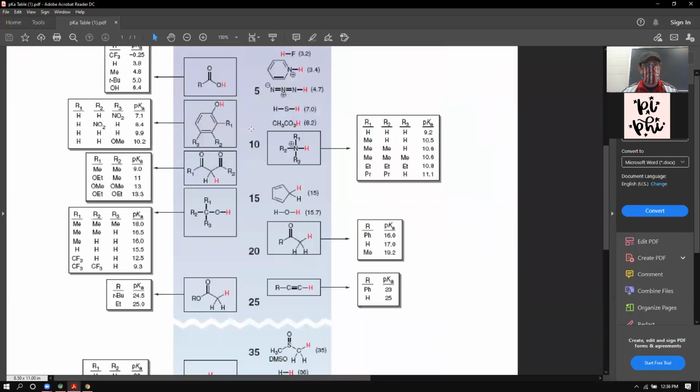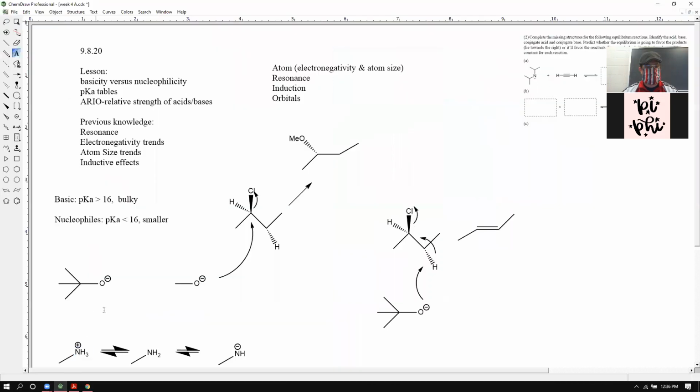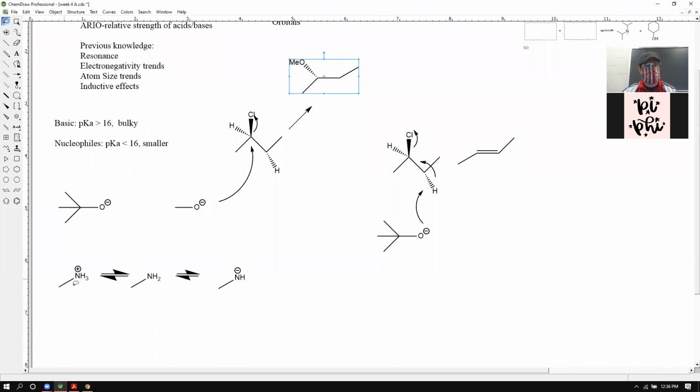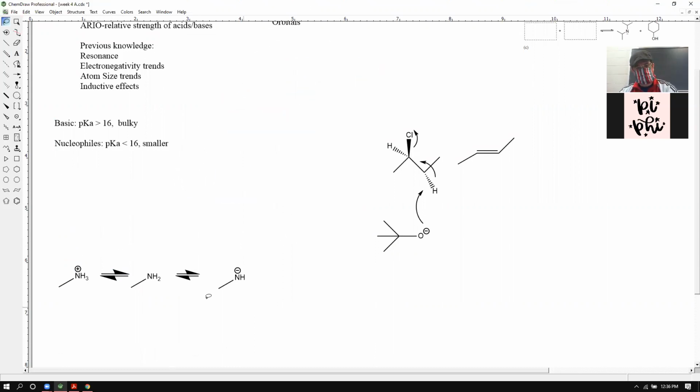Right now I have an example up here of a multiprotic species. This is ammonium, and it can deprotonate a few times. This tends to trip up students. Remember, when you're looking up a pKa, you're really looking at the equilibrium.